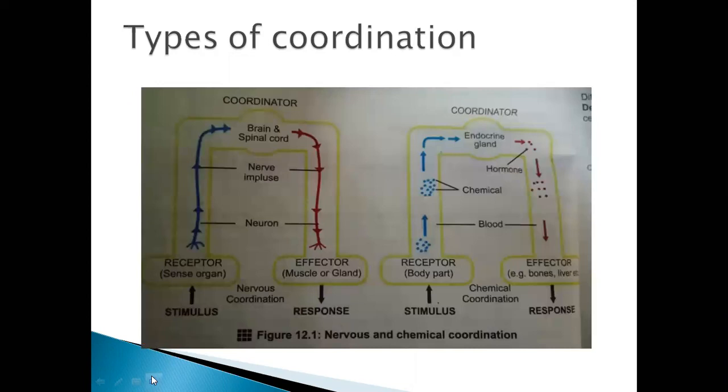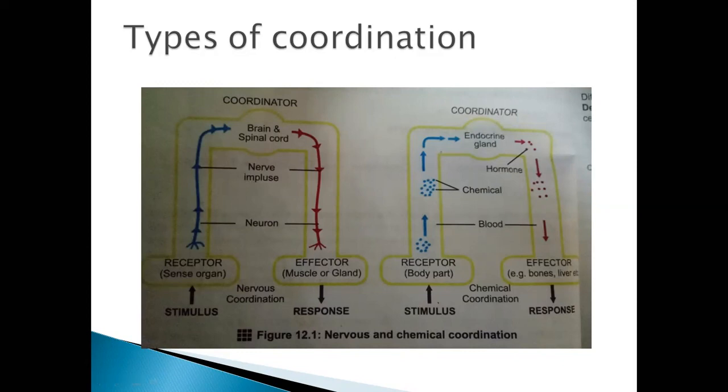Okay, here I took two diagrams of nervous and chemical coordination from your book so you could understand it more easily. Okay, this is the coordinator, brain and spinal cord. It means it is nervous coordination. Fine, this is the nervous coordination. What happened in nervous coordination? Sense organs, receptor cells are present. What can the receptor cells be?